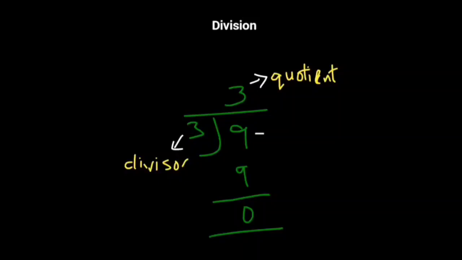Then our number inside, which is what we're dividing, is known as the dividend. And then finally, the number at the bottom is which we close off with, that's usually the remainder. And in this case, our remainder is 0. And that is all of the different parts of a division that you would need to know.